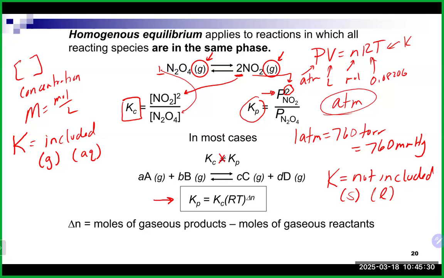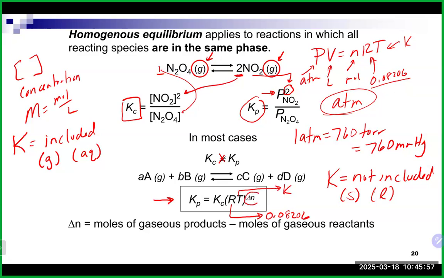So the Kp value is equal to the Kc value times (RT) to the delta n. The R and the T is really our ideal gas law stuff. So that is not the one with energy, 0.08206 version of it, or 0.0821 if you want to use that, that's perfectly fine. T here is temperature, which should be in Kelvin.